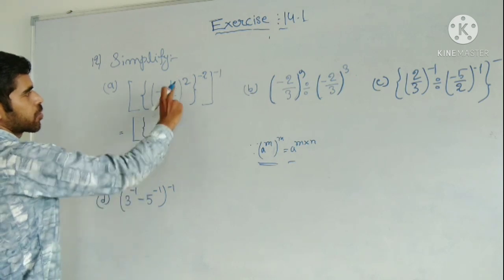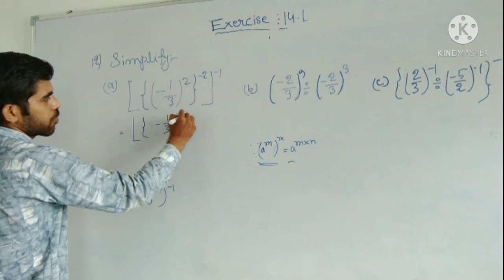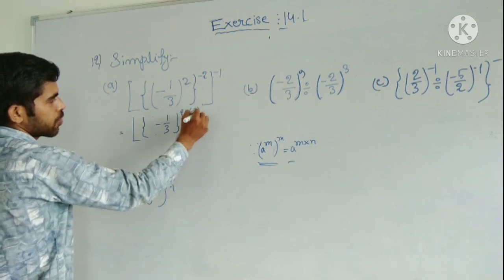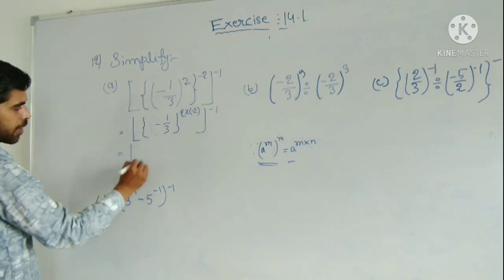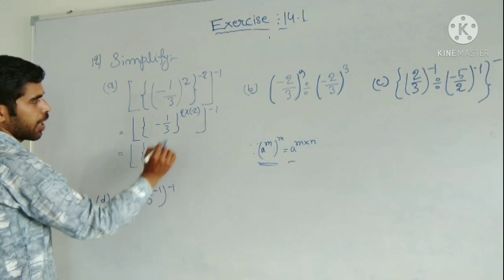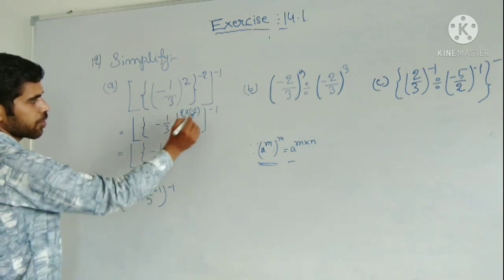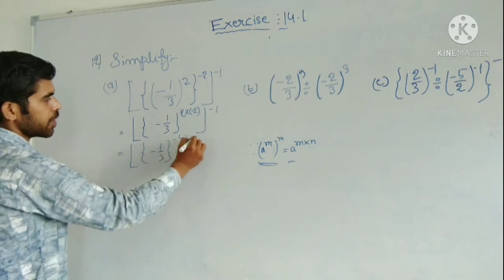Now if you multiply this, this will be 2 into minus 2. And this one you give like that bracket, and then again there you see minus 1 by 3, and if you multiply this, then this will be minus 2 to the minus 4. Now there minus 1 is given.